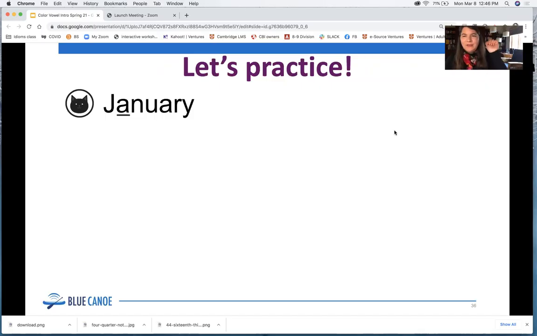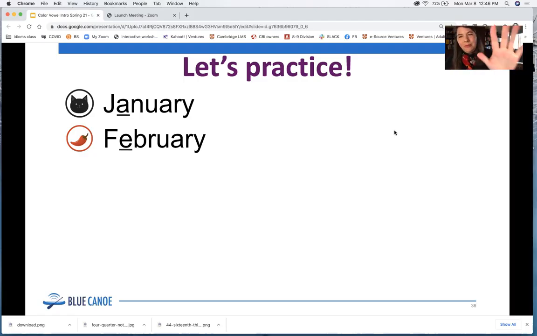Black cat January. Good. How about this? Where's the stress? February. What color? Red pepper February. How about this? March. One syllable. March. Olive sock March.